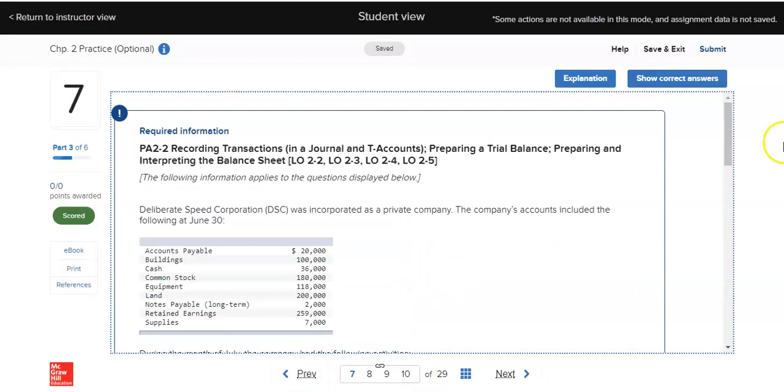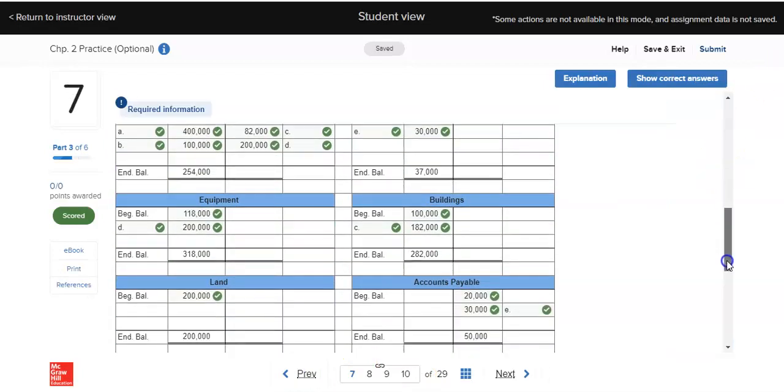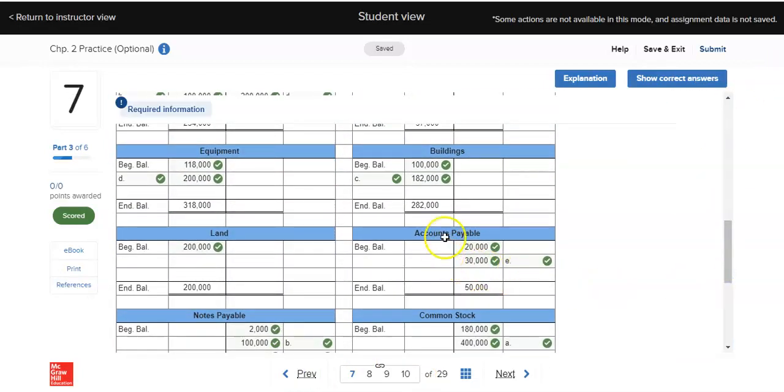If I were going to copy accounts payable, I'd copy the word accounts payable and then a credit balance of 50,000. Now I'm going to stop the recording here because I need more time, and I'm going to be entering in these ending balances into my trial balance.